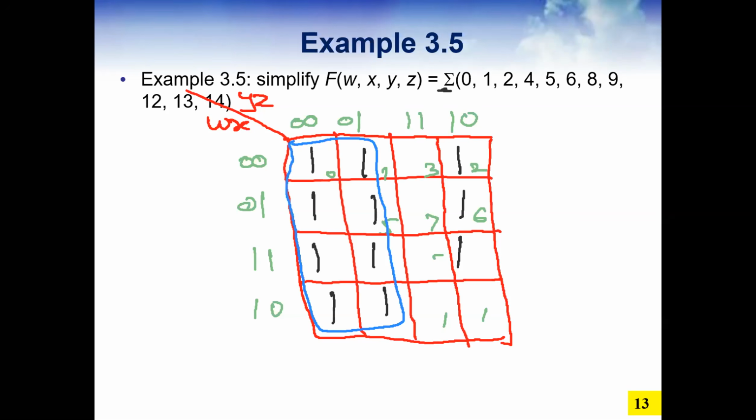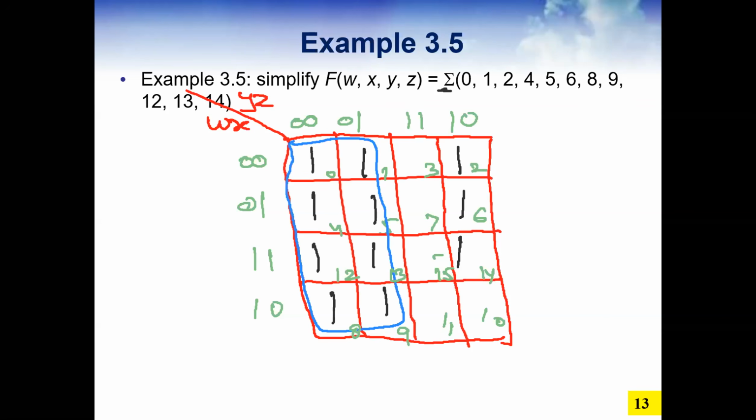The first column and the last column, 2, 6, with 0 and 4. No, how could it be, check again. 2 and 6 with 0 and 4.